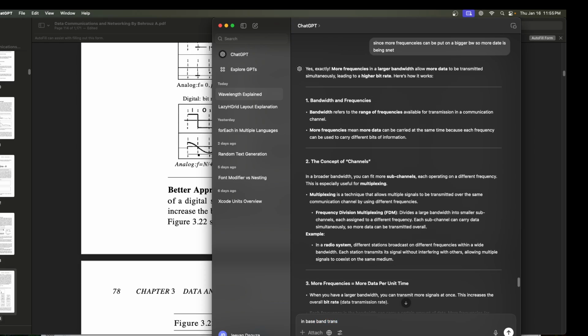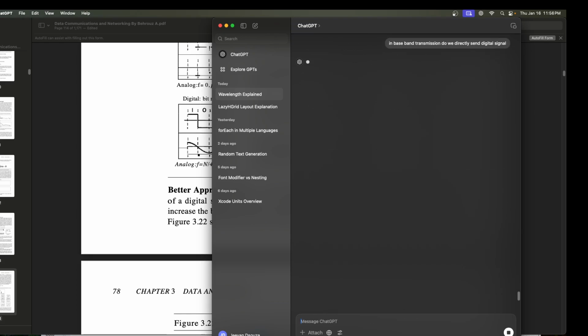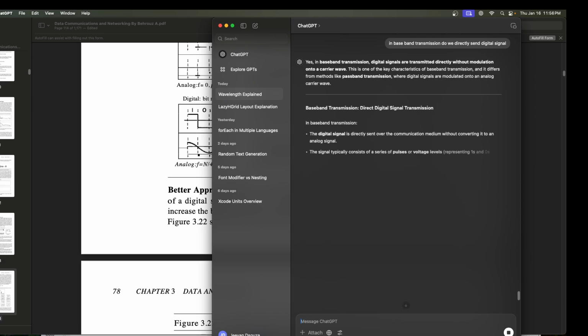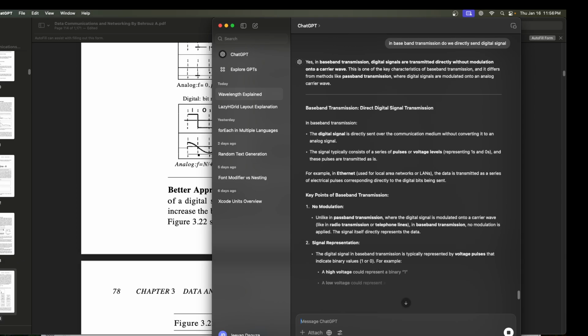In baseband transmission, do we directly send digital, without modulation? There is no modulation. So does LAN do baseband?